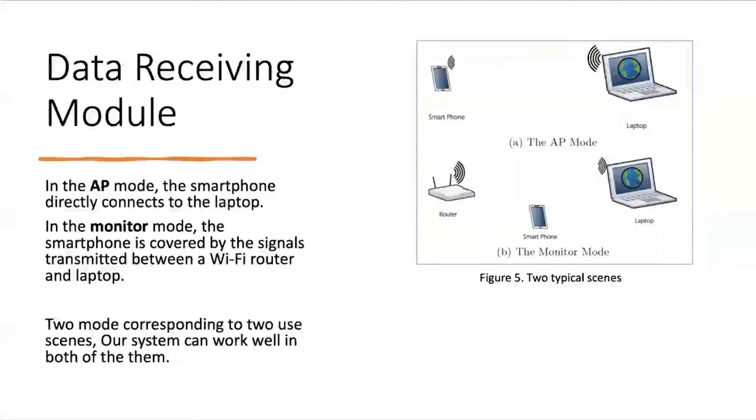Even if the smartphone does not connect to the Wi-Fi signal, the operation on the smartphone will have an influence on the signals in the environment. So these two modes correspond to two use cases, and our system can work well in both of them.